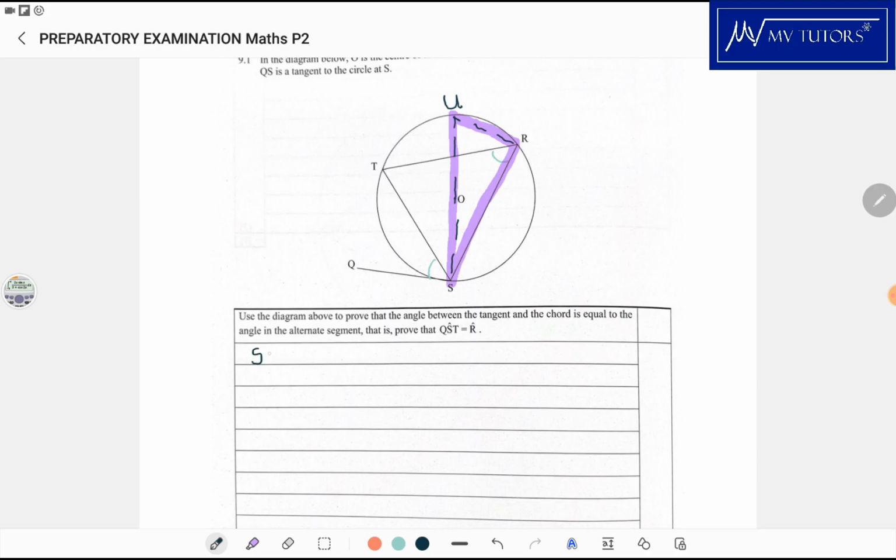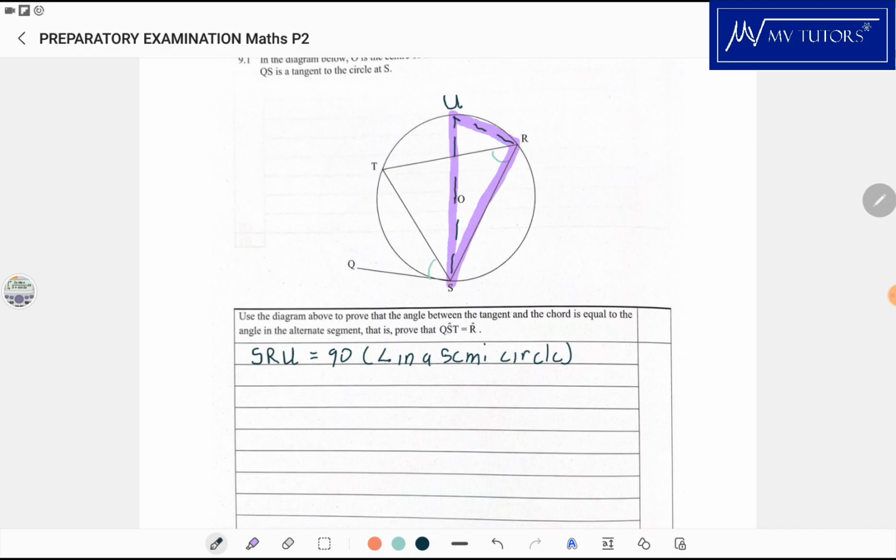So angle SRU is equal to 90, and the reason is because angle in a semicircle, or you can just say angle subtended by diameter.